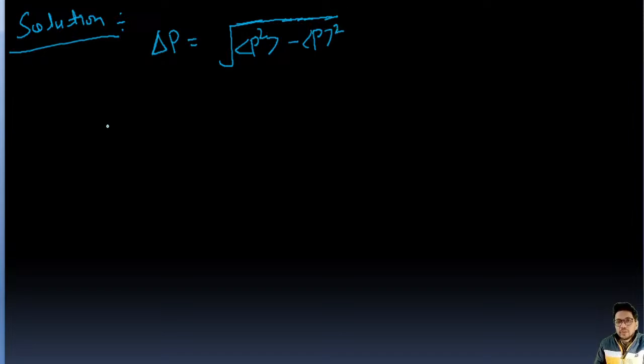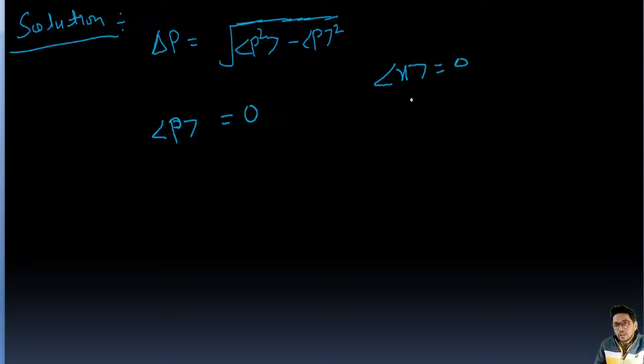One thing I would like to write here, please note it down, it is very important. Whatever wave function is given, the expectation value of p is well known, so I'm not going to solve it; you need to memorize it. It is always going to be 0, and similarly the expectation value of x is 0.